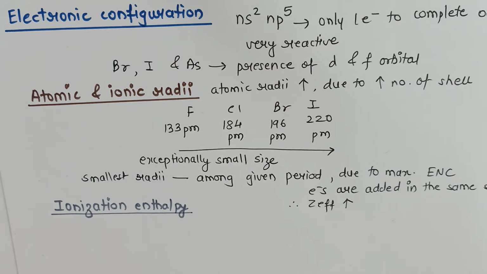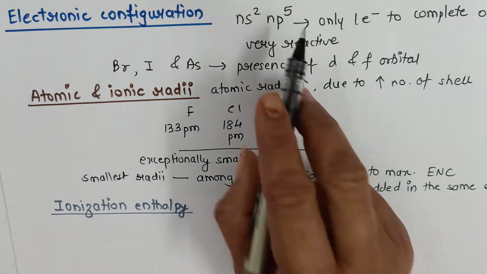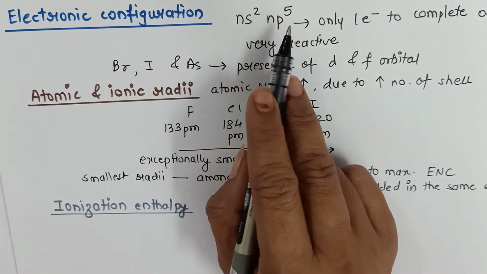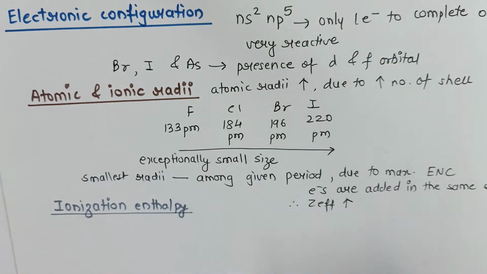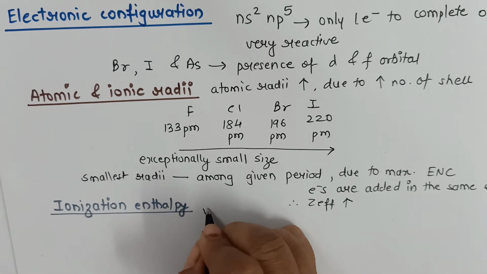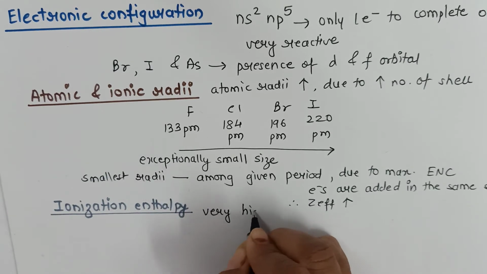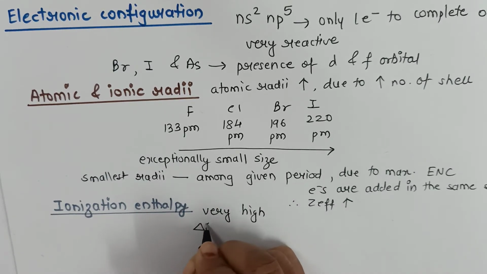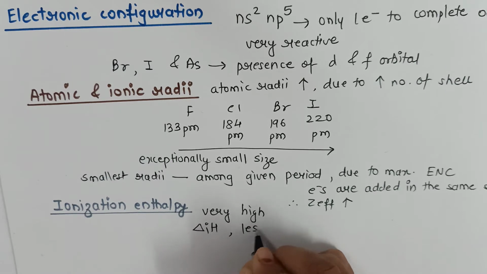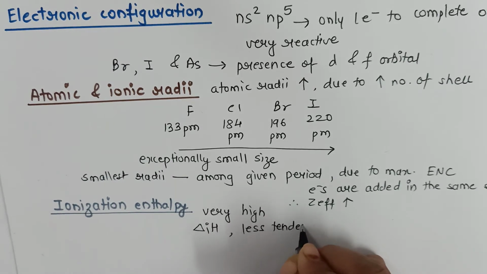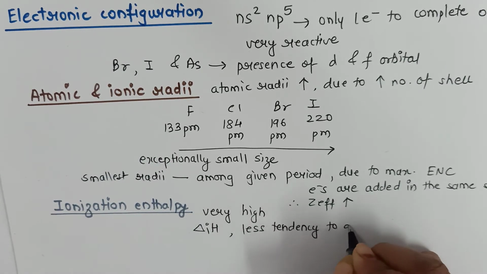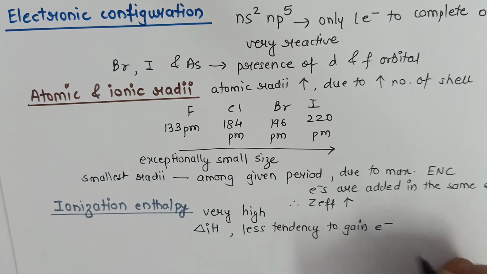The next trend is ionization enthalpy. Halogens, since their outermost configuration is ns2np5, require only one electron to complete the octet. Therefore their ionization enthalpy is very high. They have very little tendency to lose electrons.